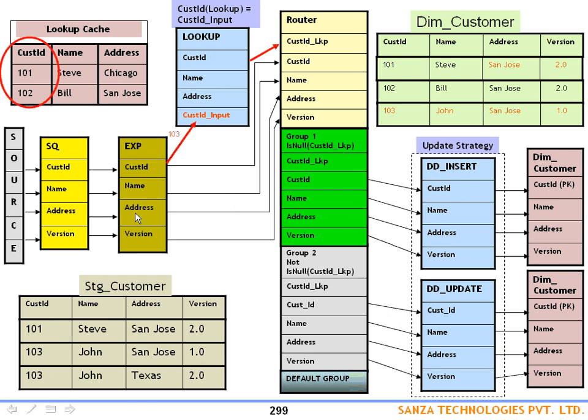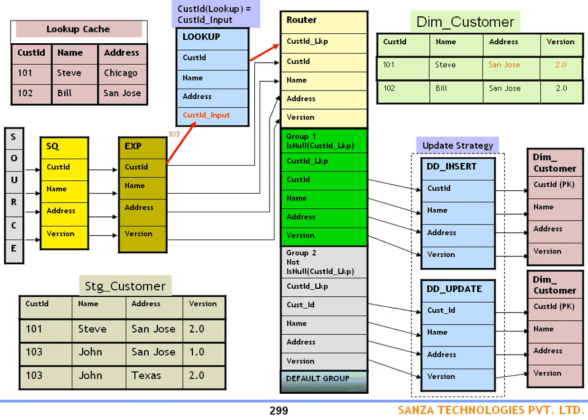So let us imagine what it should have done. Let me step back. I'm going back a step: 103 John San Jose 1.0. I should have created a mechanism in my lookup.